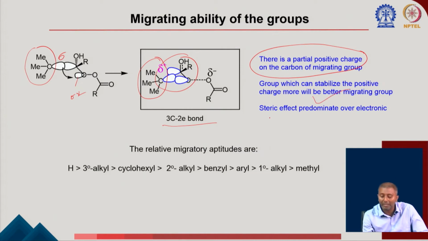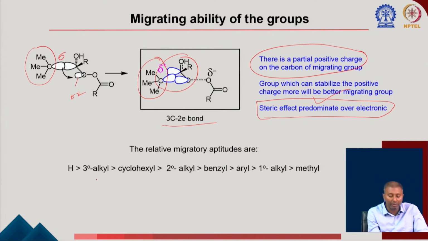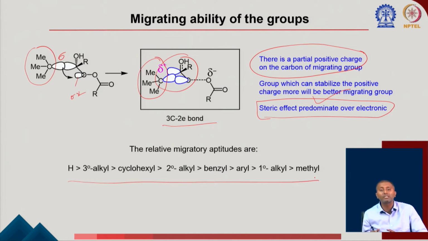But there is also some steric effect, which is also important. Sometimes the steric effect predominates over the electronic effect. In general, it is very difficult to generalize, but in most cases this order is followed, though there are some cases when the order changes based on other effects as well.